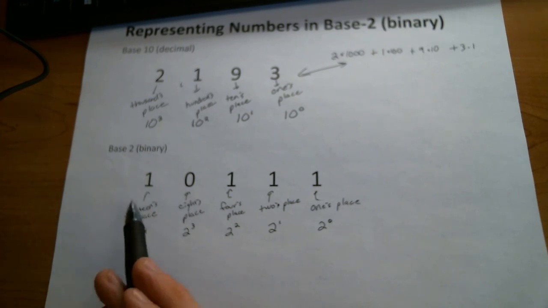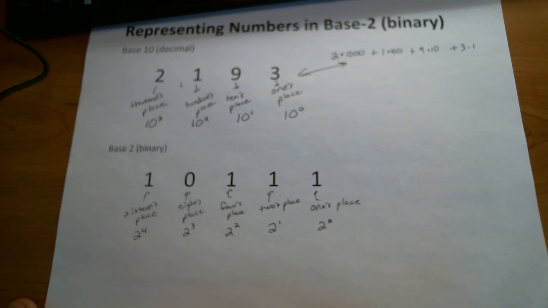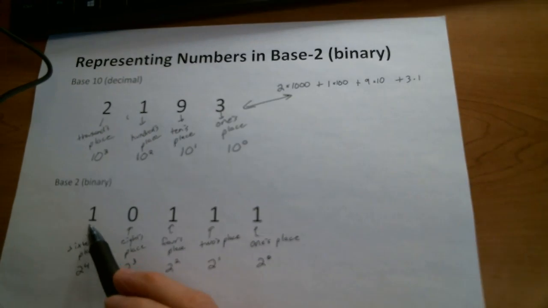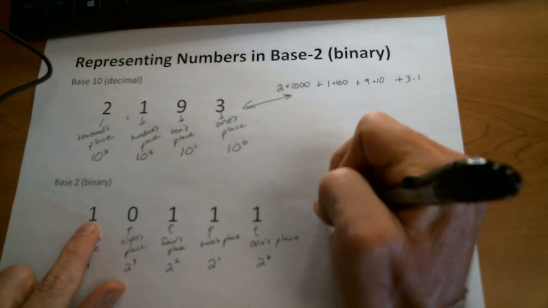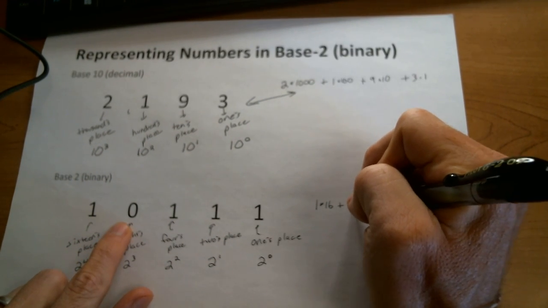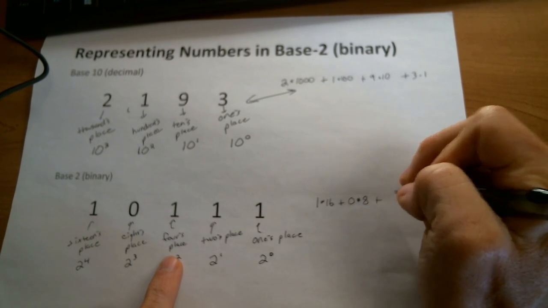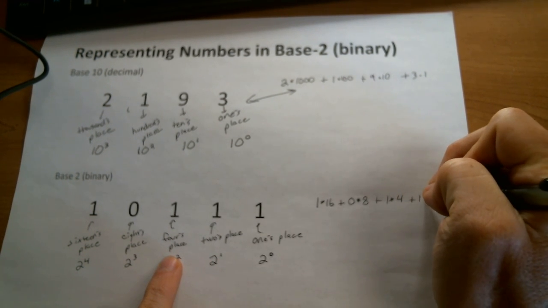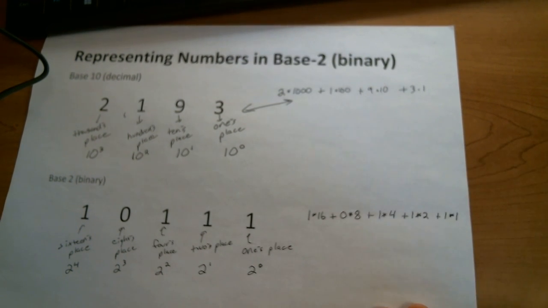Now, if we want to know what this number is equivalent to in base 10 or in decimal, we can do the same sort of thing we did up here. All right, we can say 1, because that's the actual digit in the number, times 16, because that's the place that it's in, plus 0, which is just going to wipe it out, times 8, plus 1 times 4, plus 1 times 2, plus 1 times 1.